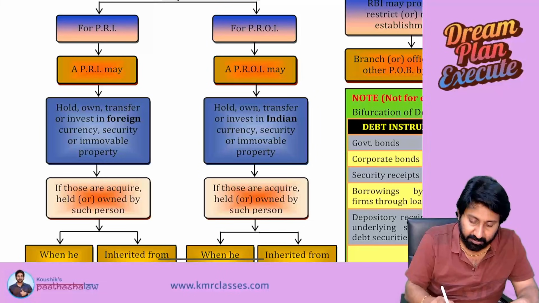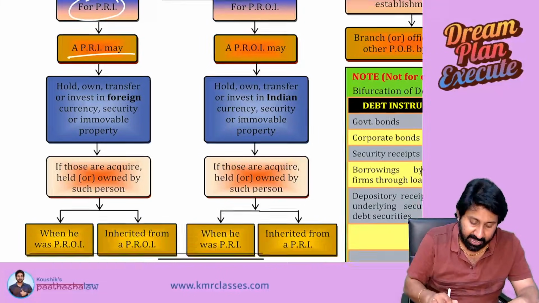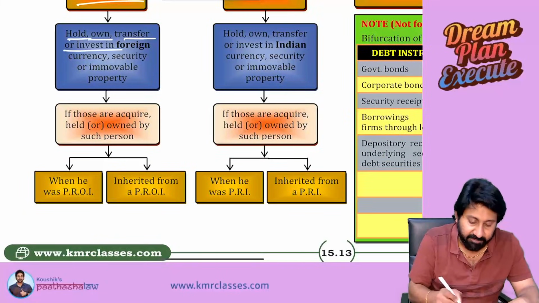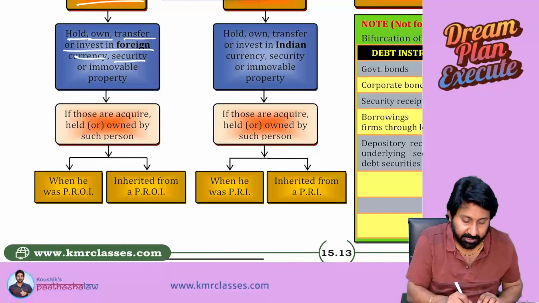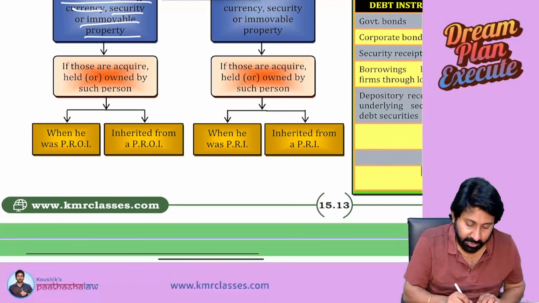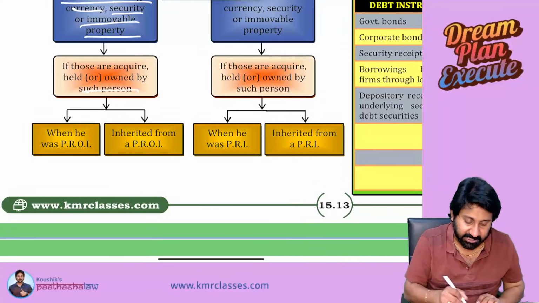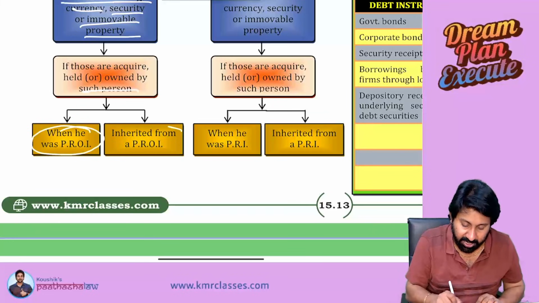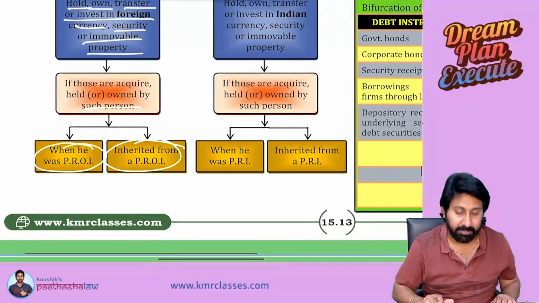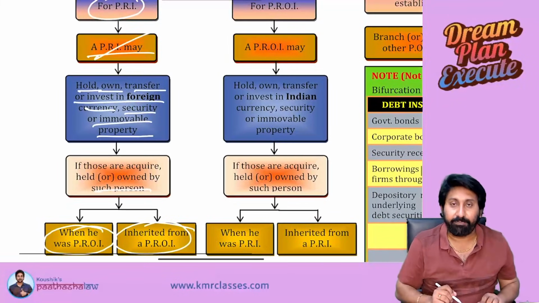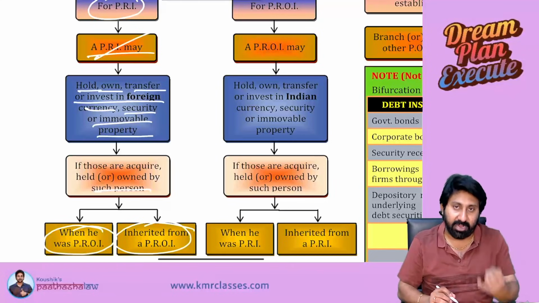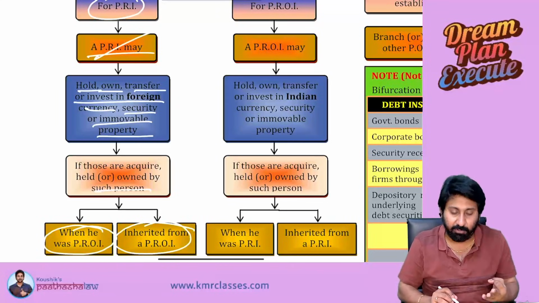Okay. A PRI may hold, own, transfer or invest in foreign currency, foreign security or foreign immovable property if those were acquired or owned by such person when he was a PROI, or inherited from a PROI. Means what? I am a PRI, and I want to hold foreign currency, foreign security or foreign immovable property.